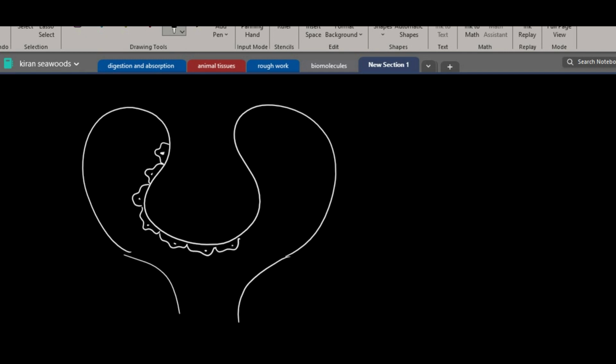So I'm not going to extend this. These are actually a type of modified squamous epithelial cells. As you know, squamous epithelium cells are required at the site where filtration or exchange is supposed to happen, and here the filtration is happening.